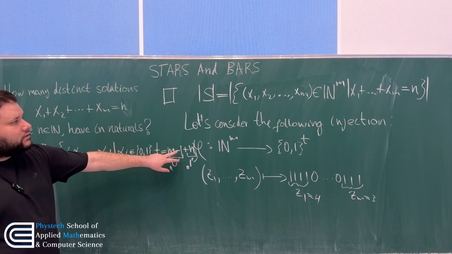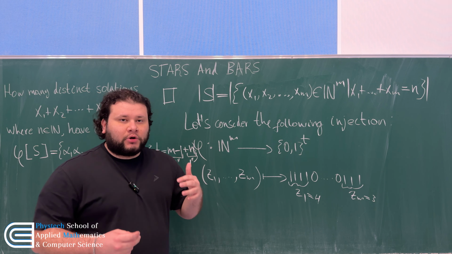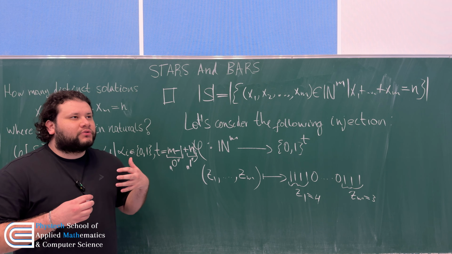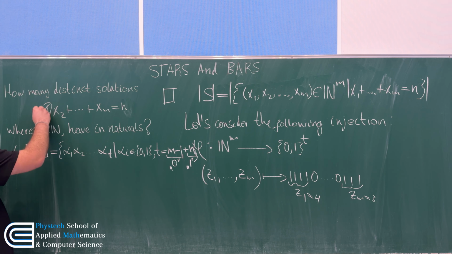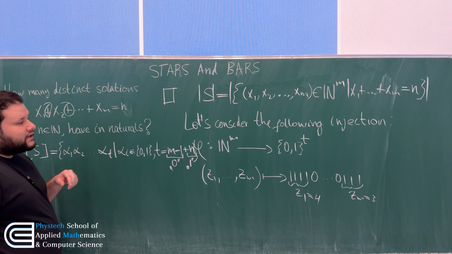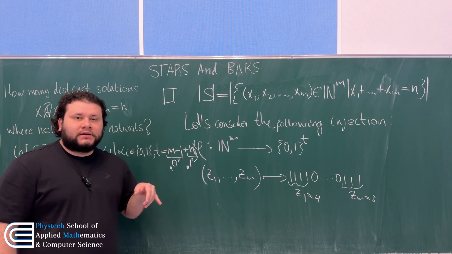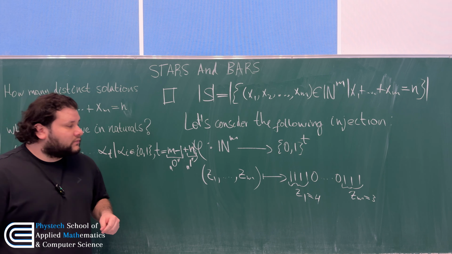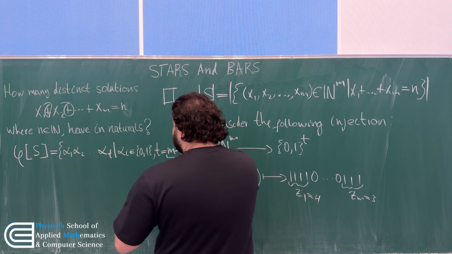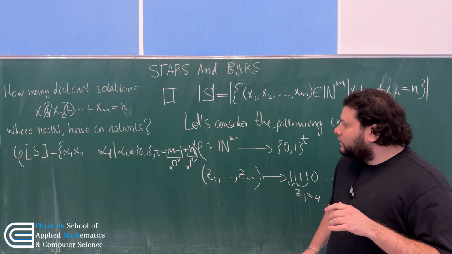Why n minus 1? If you remember the number of bars, we can also see the number of bars as the number of plus signs that we have in here. That's why we have n minus 1 zeros and n ones. This is going to be the image.